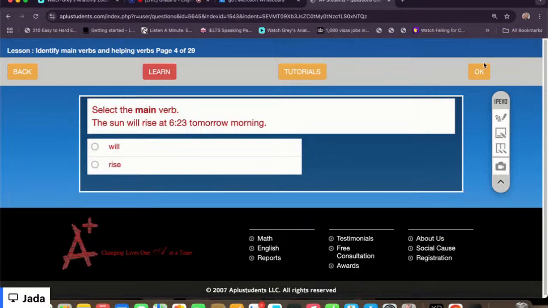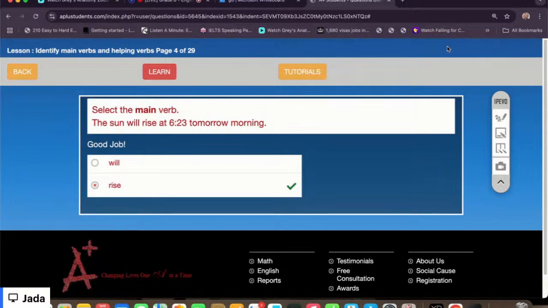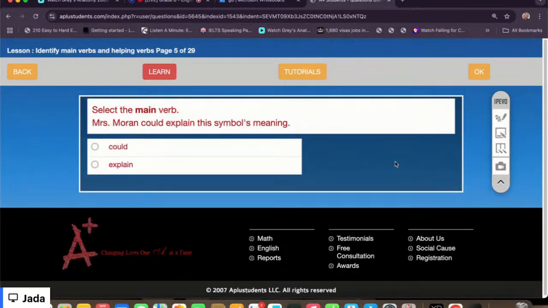All right, so the main verb will be what? Rise. Okay. Mrs. Moran could explain the symbol's meaning.